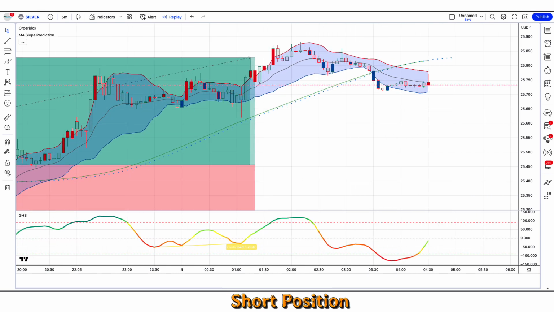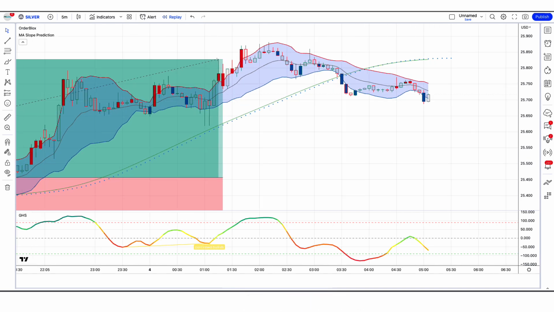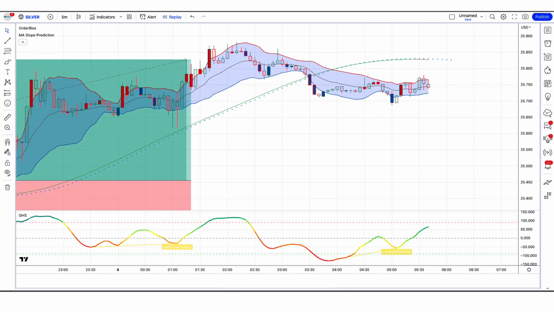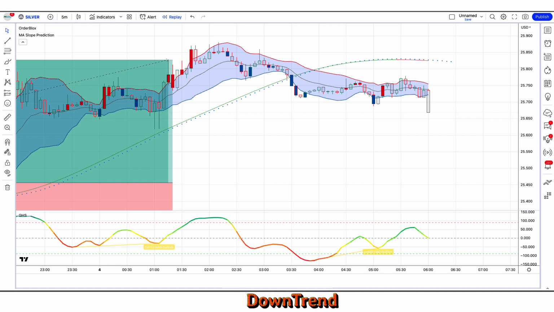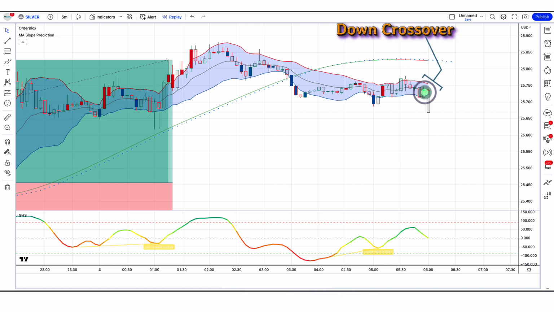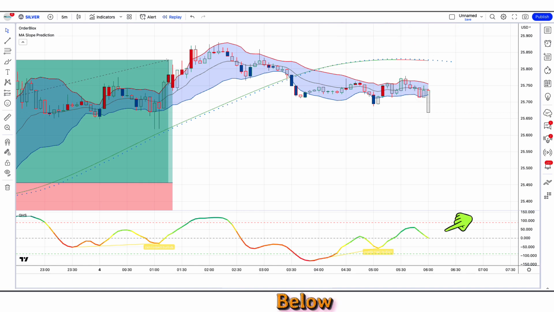Let us now understand the short position. When the MA Slope Prediction indicator changes from uptrend to downtrend, the market should cross down over the middle line of the order blocks indicator, and the God Hunter Scalping indicator histogram should be below the zero level. When this condition is met, we will place a sell order.